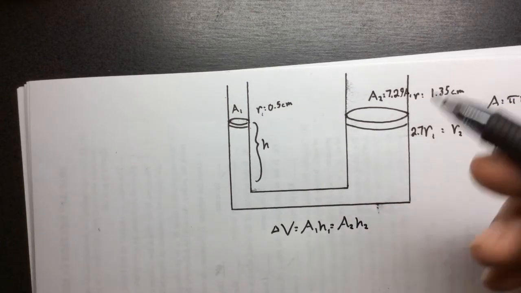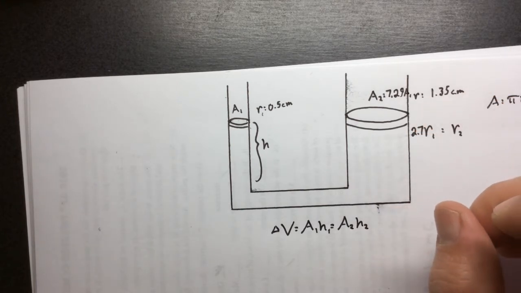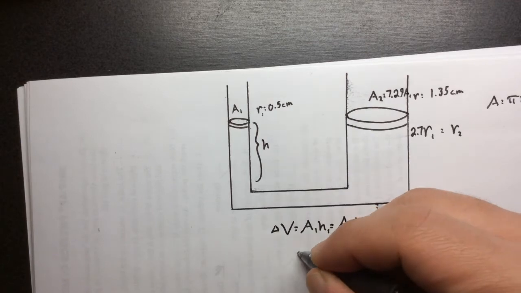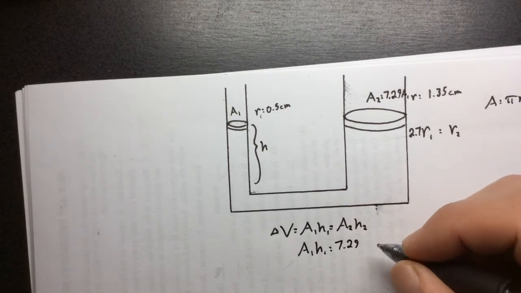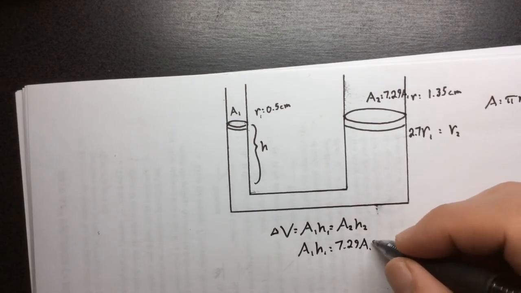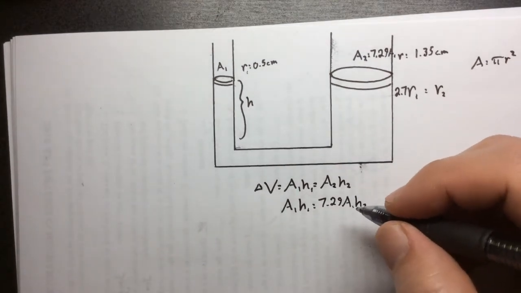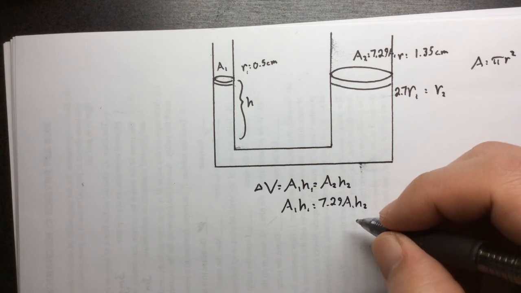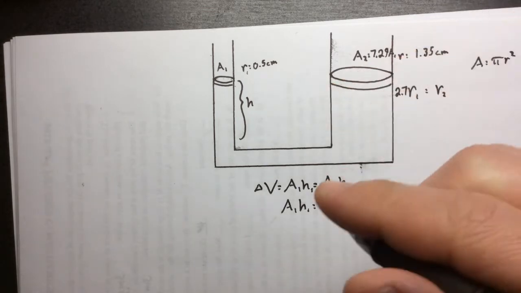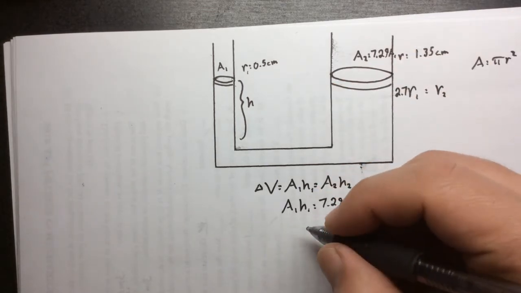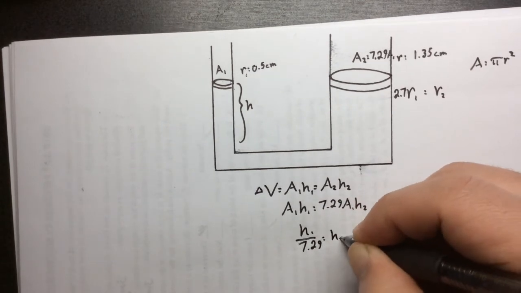And so if we know the relation now that A2 is actually 7.29 times that of A1, then we can say A1 H1 is equal to 7.29 times A1, and that'll be some H2 on the other side. So as we see, if we have 7.29 right there, then H2 must be 7.29 times smaller than H1, giving us a much lesser change in height on the right side compared to the left. So the A's cancel out. H1 divided by 7.29 will be equal to H2.